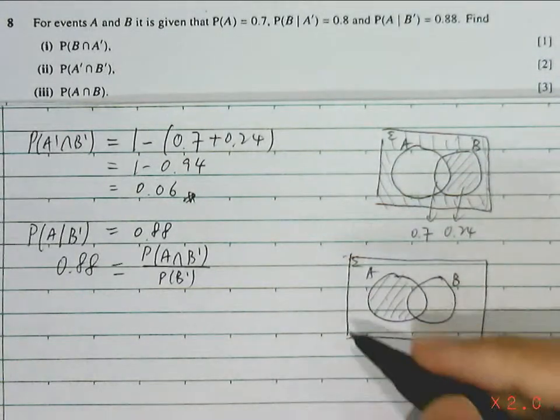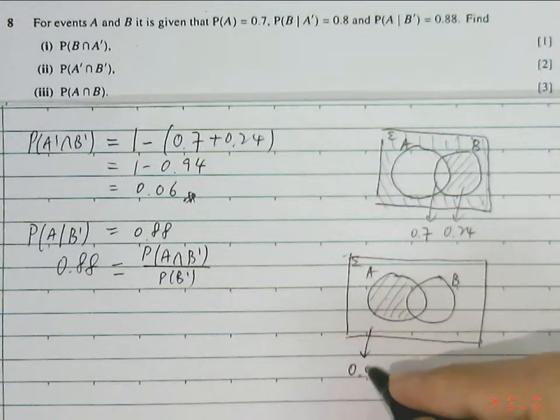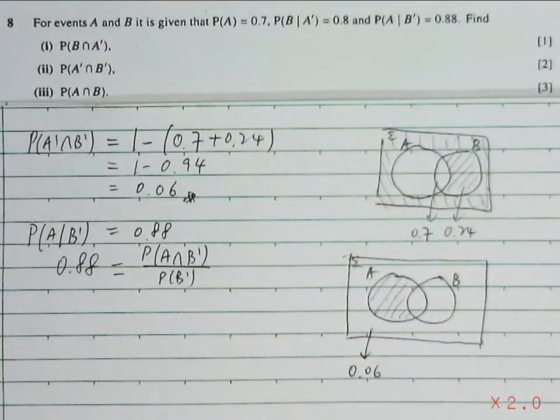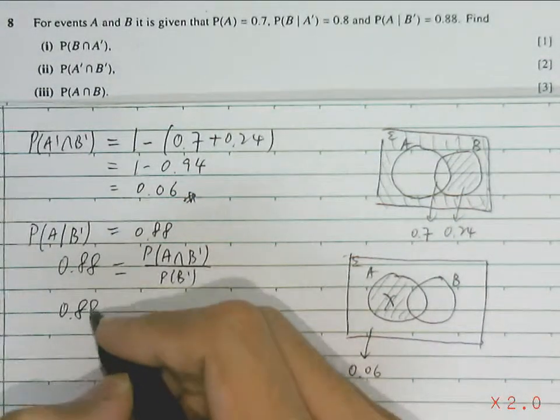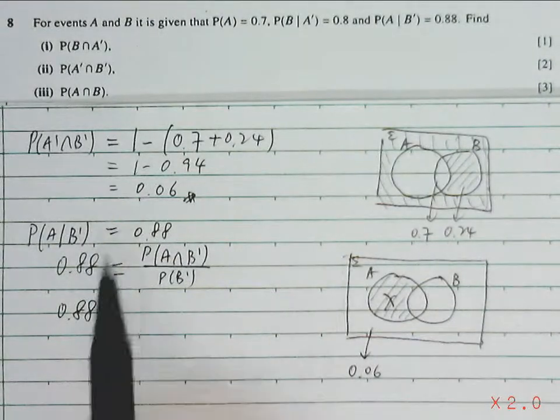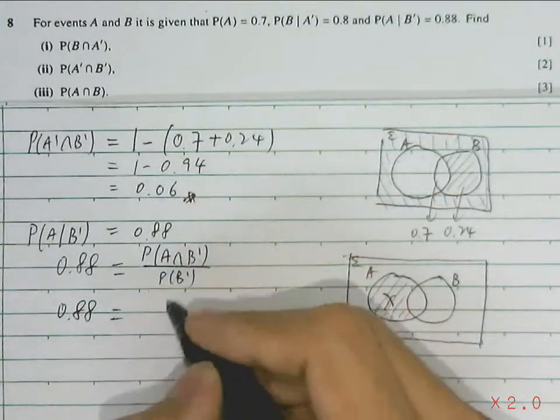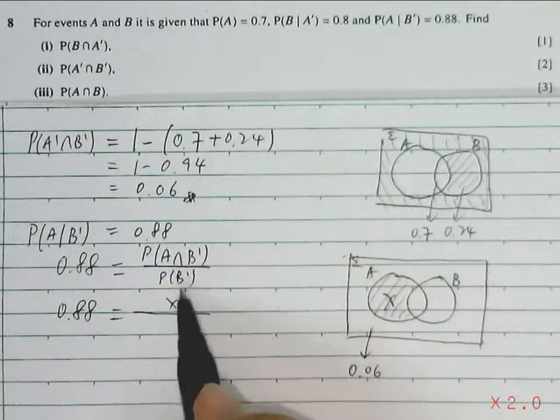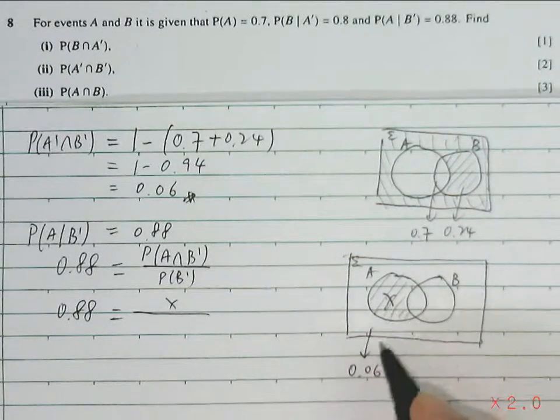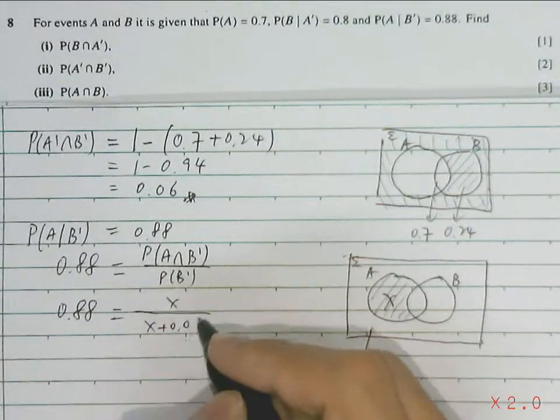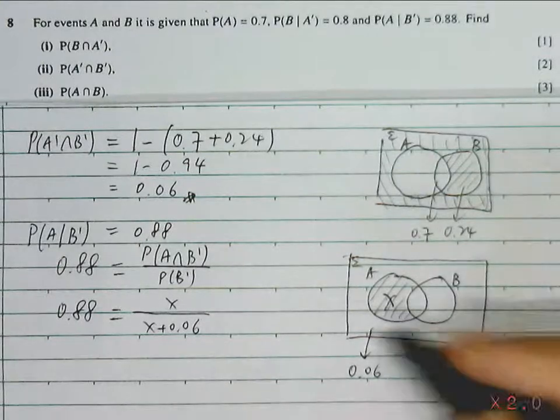Alright, since we already know that the outer region has a probability of 0.06, if we call this part X, then we can easily solve this equation now. So the probability of A intersect B complement will then be X, while the probability of B complement will be X plus 0.06.